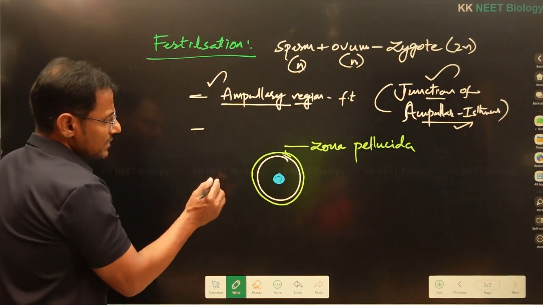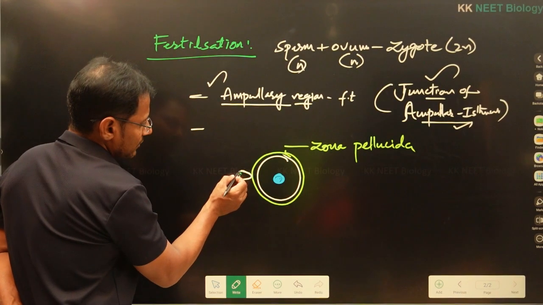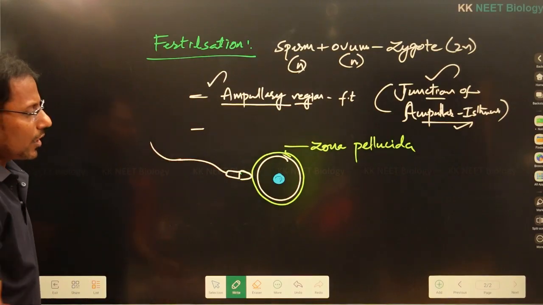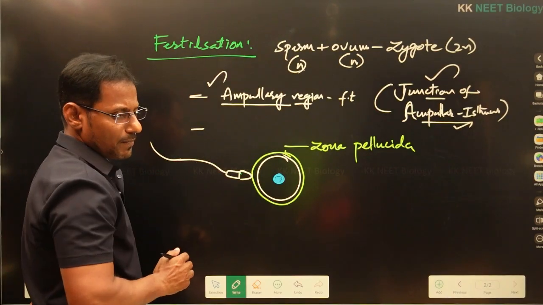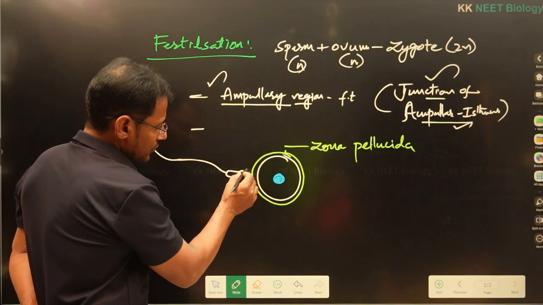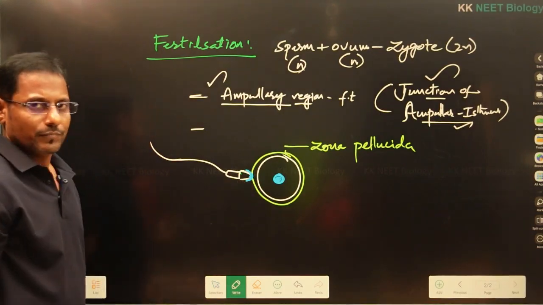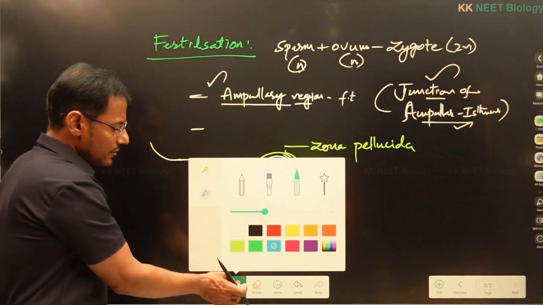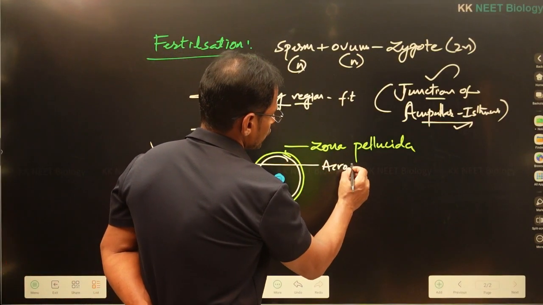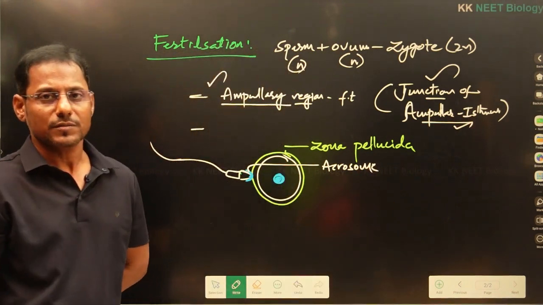When the sperm comes in contact with the zona pellucida, what happens? There is a particular structure on the head of the sperm, the acrosome, which facilitates the fertilization process.